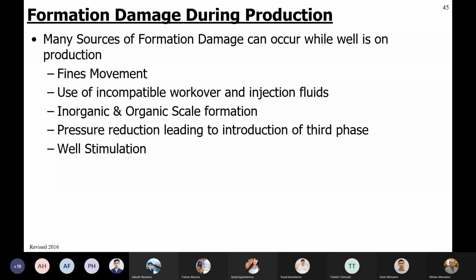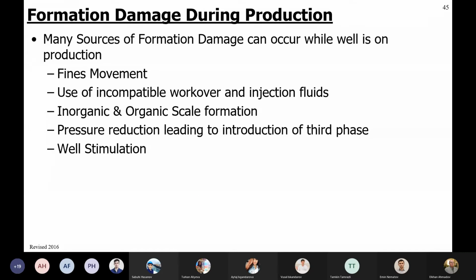And gas condensate banking is even more severe damage than the gas dissolved out of the solution. So as we cleared, this point is about having gas in the oil pore space, or gas condensate banking in the gas reservoirs.